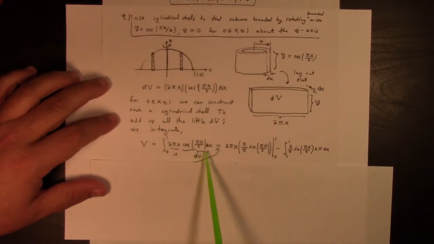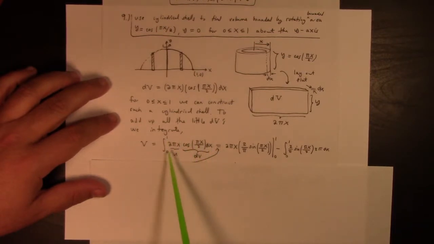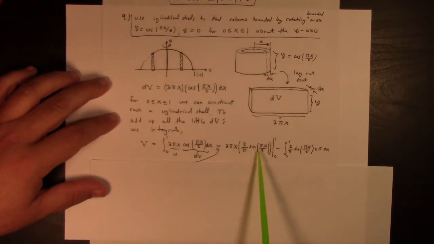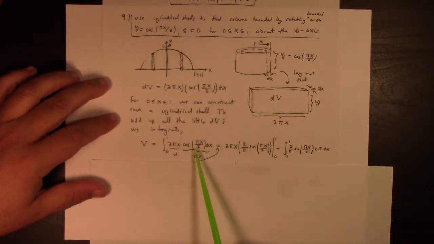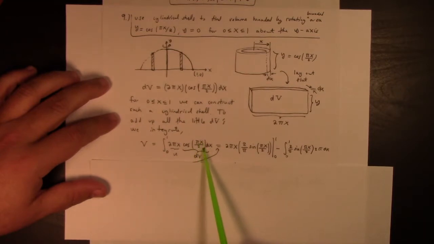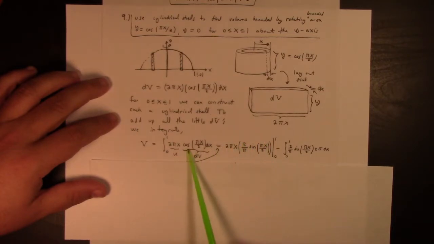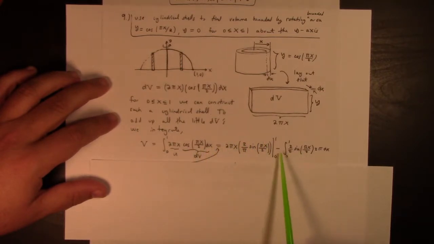I let u equal this, I let dv equal that. My bounds are 0 to 1. So this is u, that's v, integrating cosine pi x over 2 makes it 2 over pi times the sine of pi x over 2. You can try it. Differentiate that, you'll get back the dv like you should.